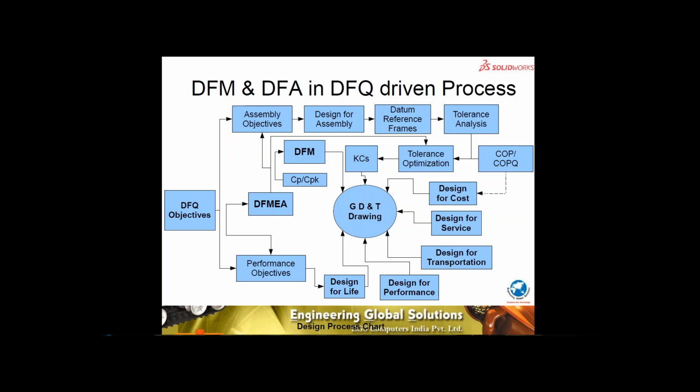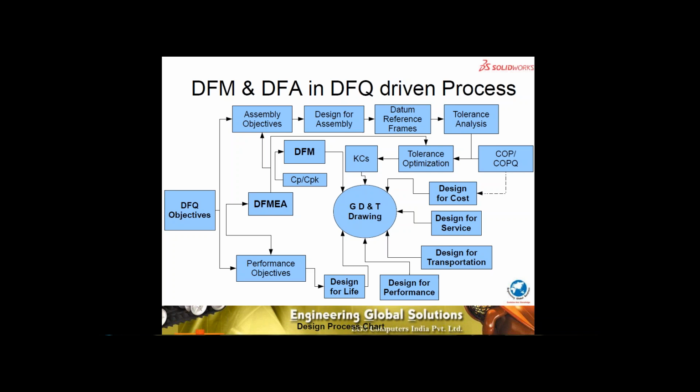Taking the cost of precision and the cost of poor quality into consideration, you do what is called tolerance optimization, getting inputs from your DFMEA in terms of the risk priority number, classifying them as critical, essential and desirable, and then coming up with the key characteristics which then get onto the GD&T drawing that we provide.